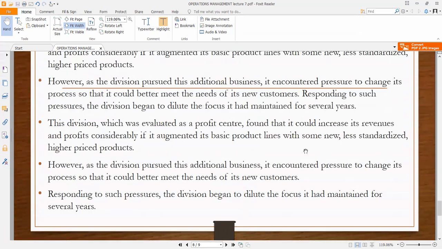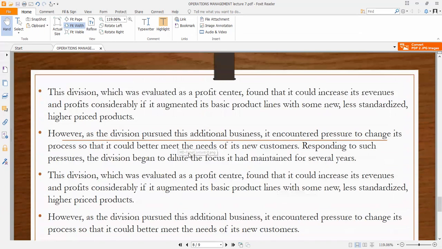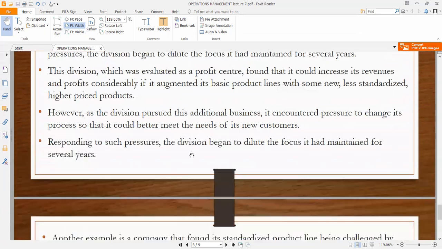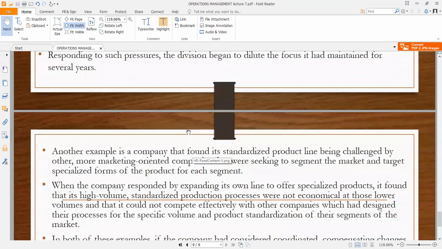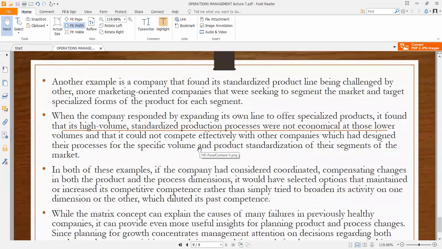So you can look at marketing. You were given an example of the marketing strategies, or the marketing department, and how they do their tasks and deliver their jobs. However, you have to study everything word by word to have an example. We have an example given here of a company that found its standardized product line being challenged by other, more marketing-oriented companies that were seeking to segment that market and target specialized forms of the product for each segment.